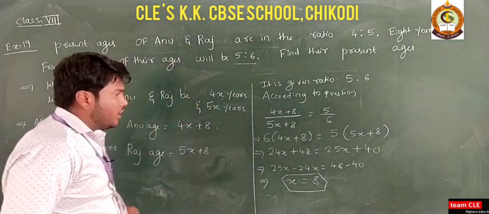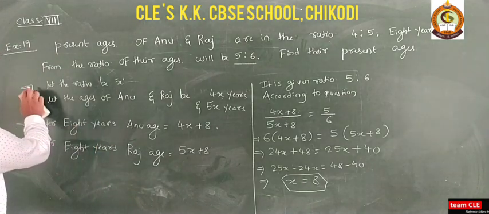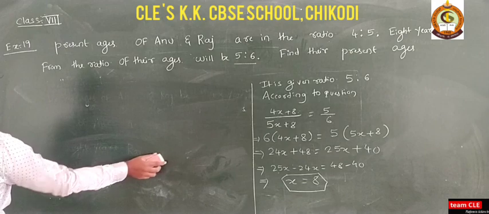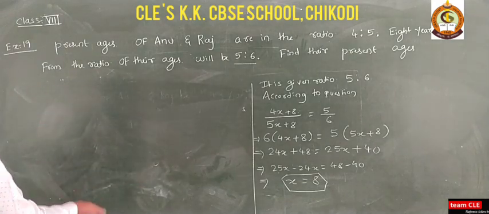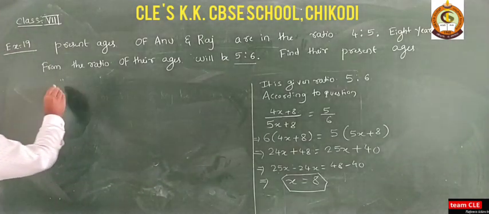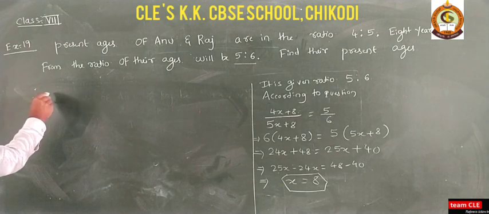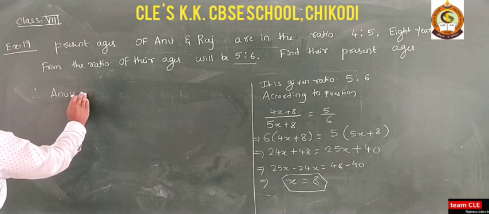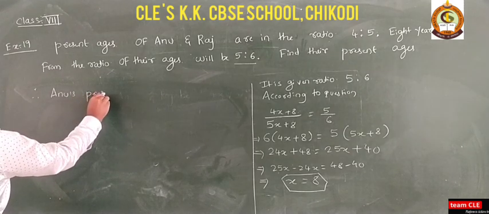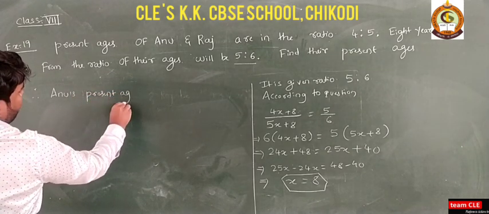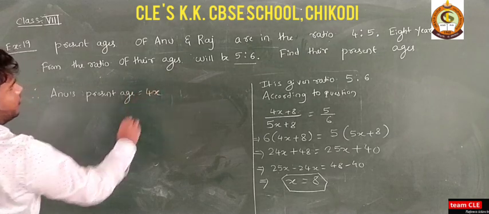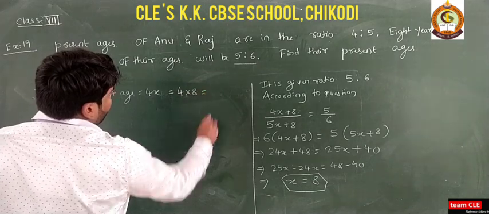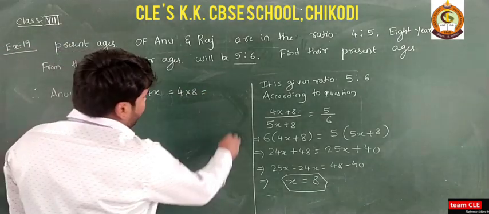Okay, so as you got x is equal to 8, you can conclude the present age of Anu and Raj. So therefore Anu's present age will be 4x, that is 4 into 8, 8 4s are 32.